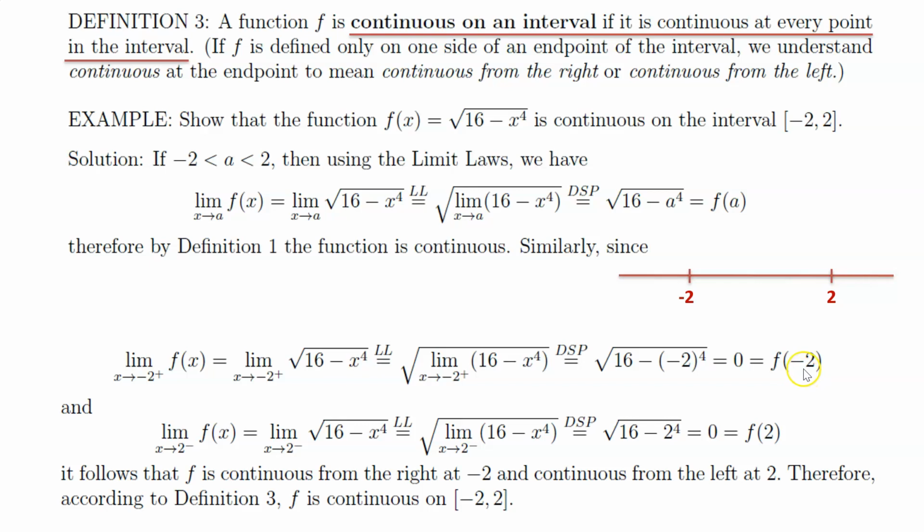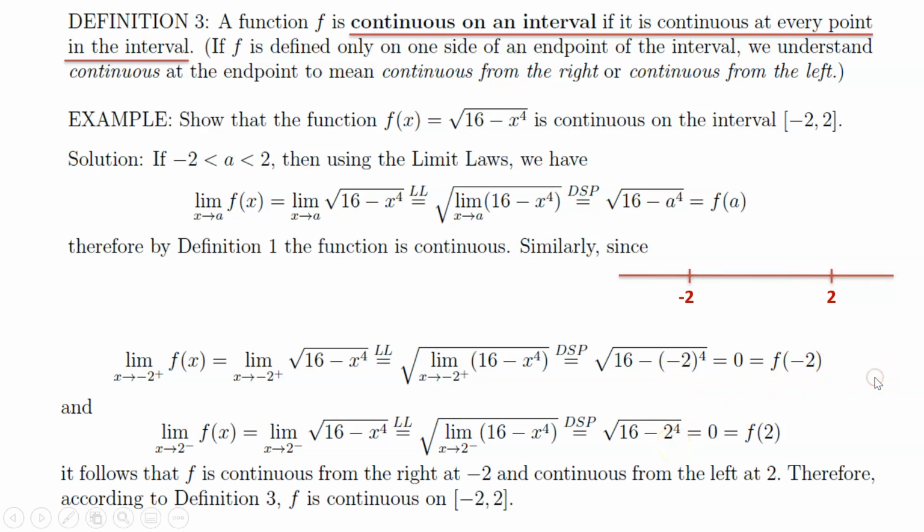This is for f(-2). And how about this one? Limit f(x) when x equal to 2 from the left. Okay, so this is actually, you're going to substitute the 2 into the x.